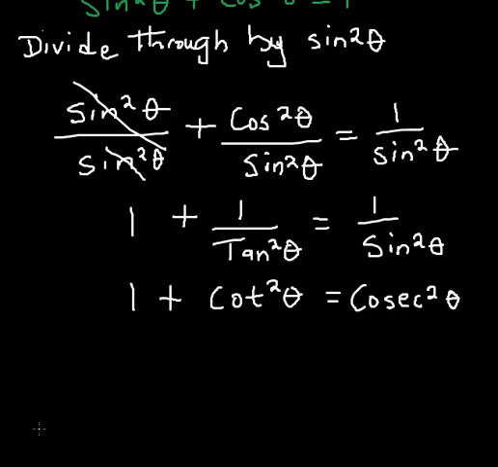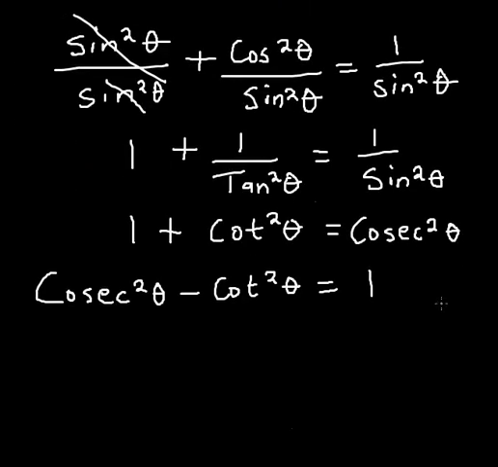So which simply means that if I rearrange this, I will now have cosec square theta minus cot square theta is equal to 1.